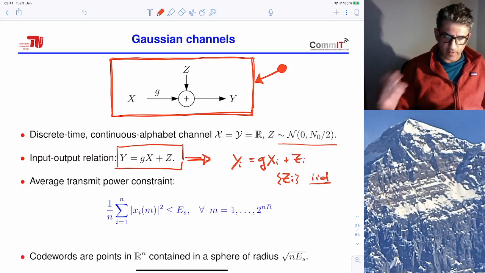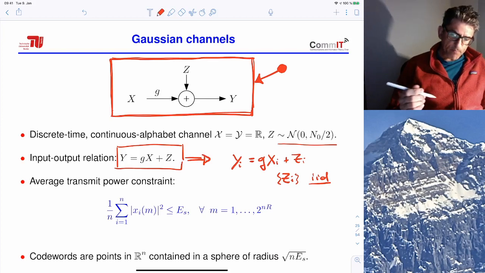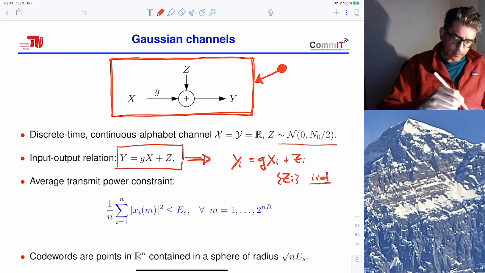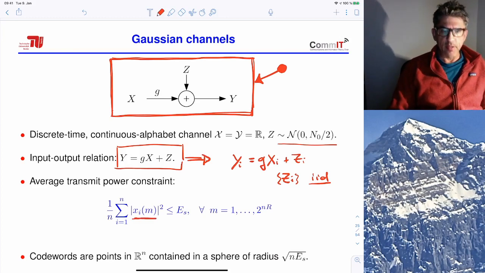There are some constraints, and in particular, a typical constraint is called power constraint, or better, energy per symbol constraint. So the square of a signal sample is related to the energy of the signal.